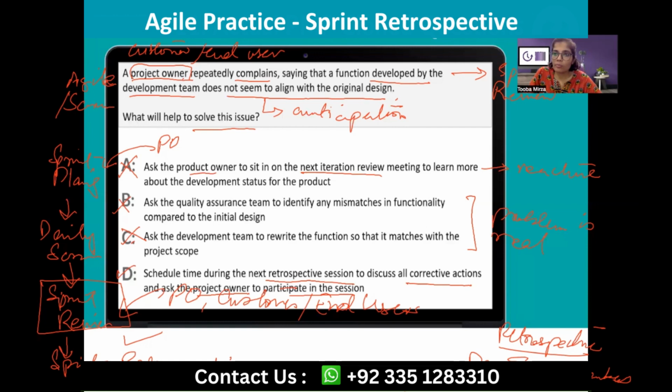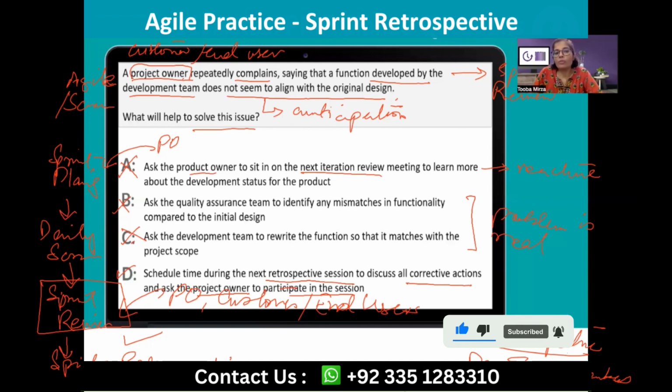Although I have chosen point D, who is scheduling time for the next retrospective session? Who is this point D referring to? While you have said that the project owner is, we will take it like the project owner. So who will be the? It is the team itself who is scheduling time for the next session.